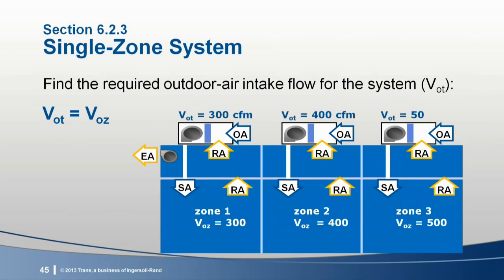So V sub OT equals 300 CFM in the cooling mode for the system serving Zone 1, 400 CFM for the rooftop serving Zone 2, and 500 CFM for Zone 3. Note that if E sub Z is less than 1 during heating mode, the system intake in a single zone system may need to be higher.